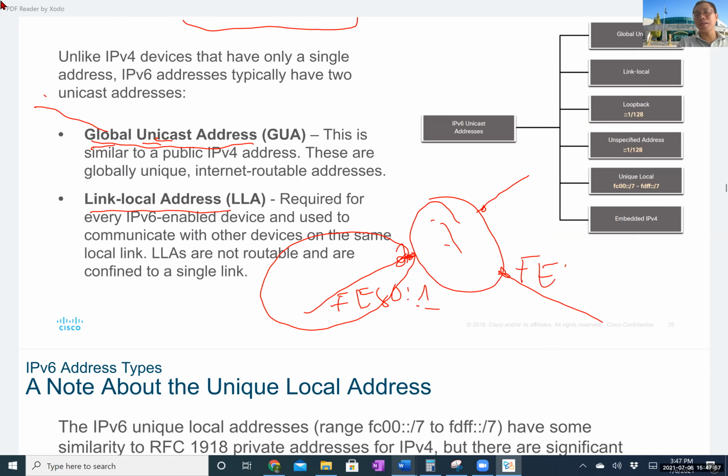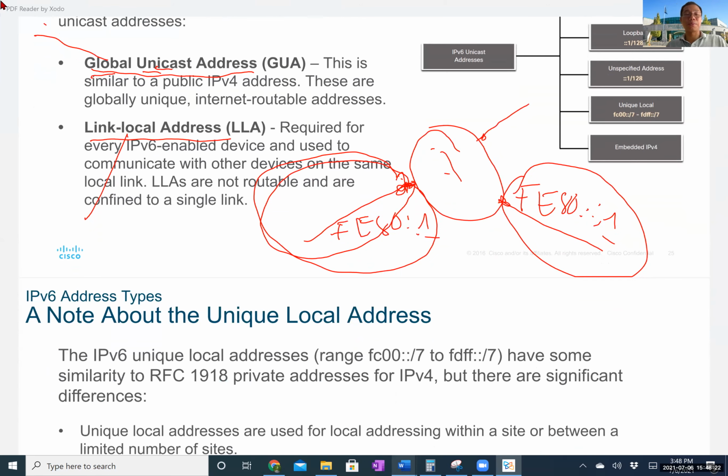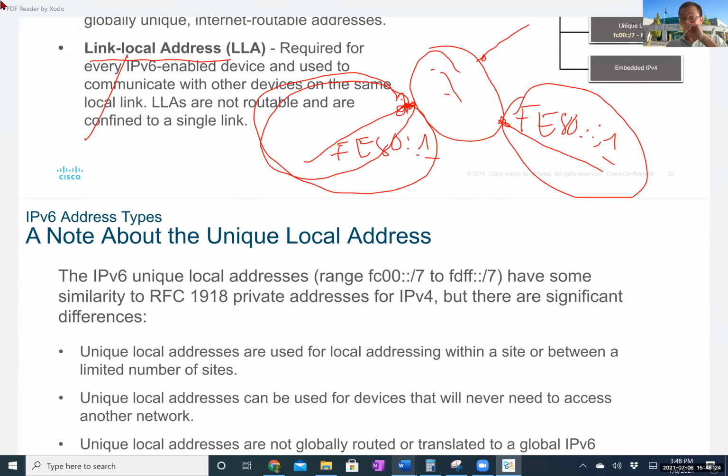It doesn't matter, provided that this address is unique inside this network only, and this one is unique inside this network only. Right? So for the link local address, you need it to be unique inside the network only. The thing about link local is it works the same kind of as private here. It's not always the same, but it's like that.